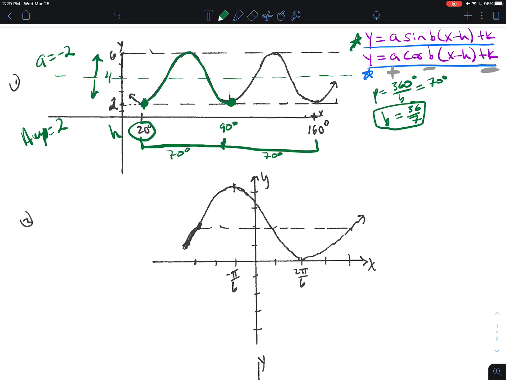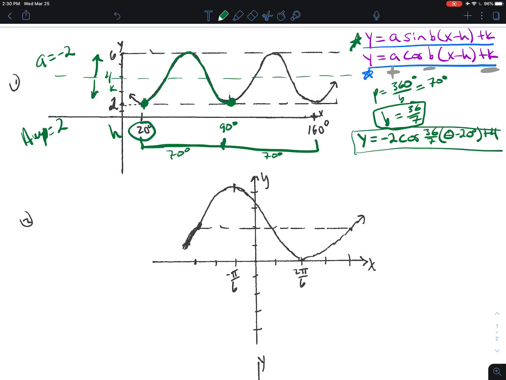And then my k value was the vertical shift, which was 4. So if I were going to write this out, I would have y equals negative 2 cosine 36 over 7 theta minus 20 degrees plus 4. And that would be my answer.